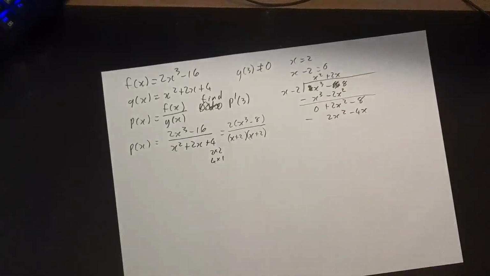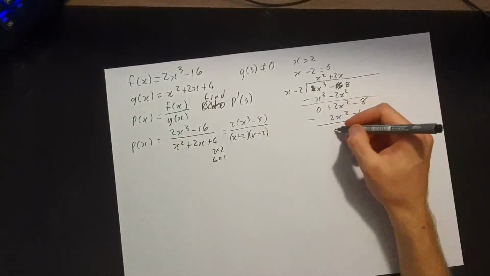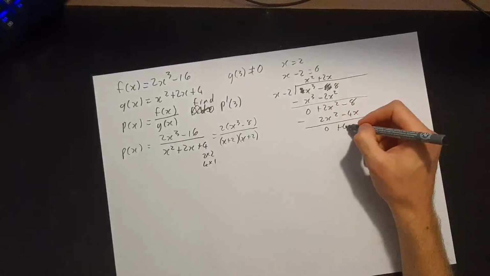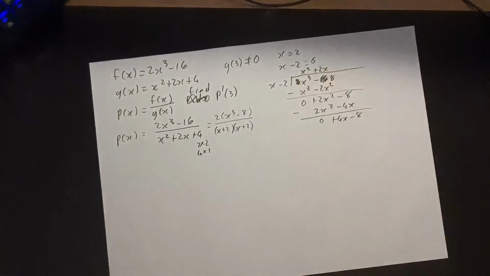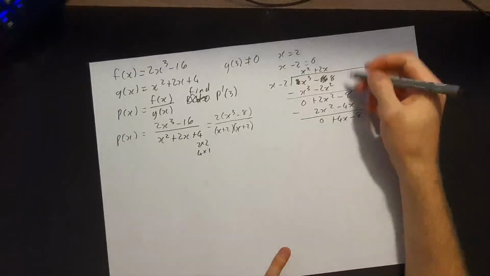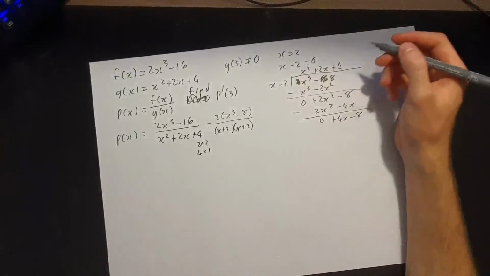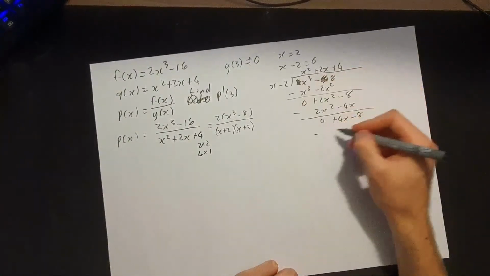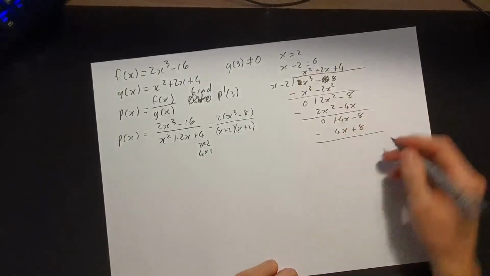If we subtract that off, we're going to get 0, then plus 4x minus 8. Last step: x goes into 4x, so that's plus 4. Then we have minus 4x plus 8. Aha, so everything works.